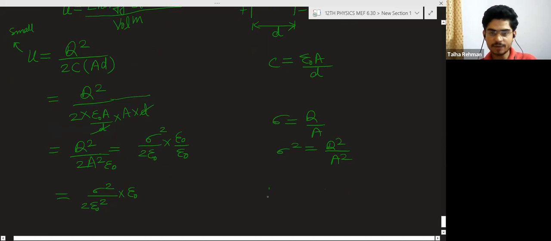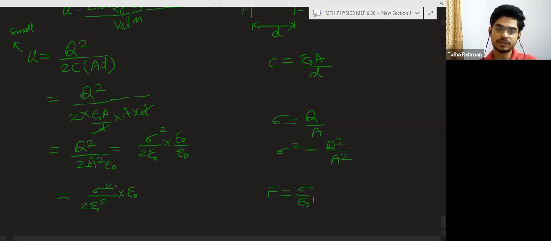And I have told you the electric field between the plates of a capacitor is sigma by epsilon naught. I have discussed this many times.